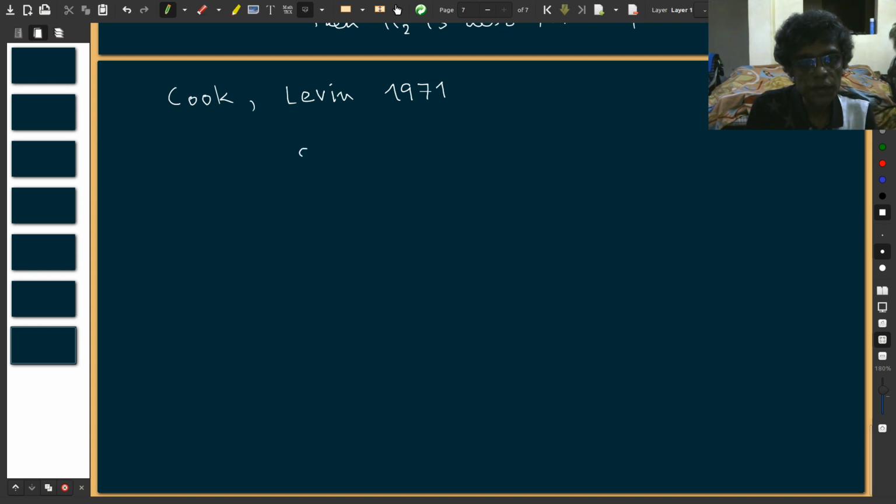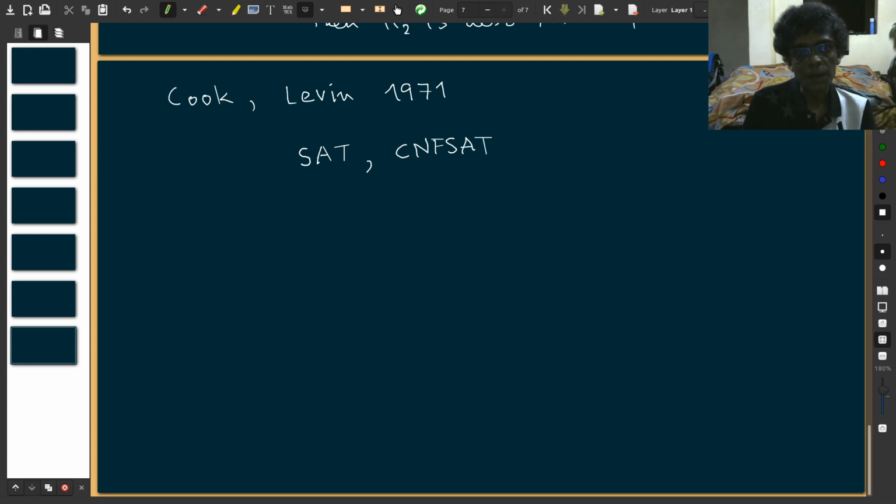So, they proved these problems called SAT and CNFSAT, I will describe this problem soon, as NP-complete by proposing a generic reduction from an arbitrary problem. We will not prove these things. This is most suited to your theory of computation course, and if you are interested, I will give you a pointer on what to look at.